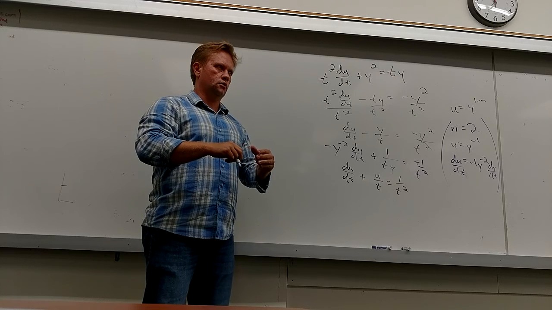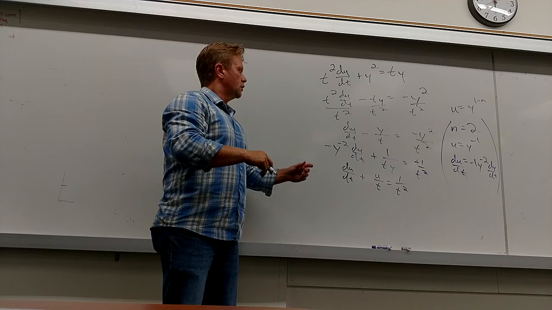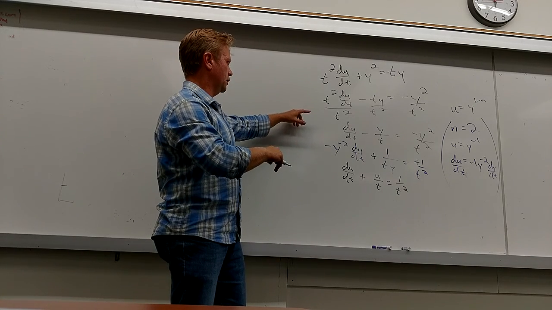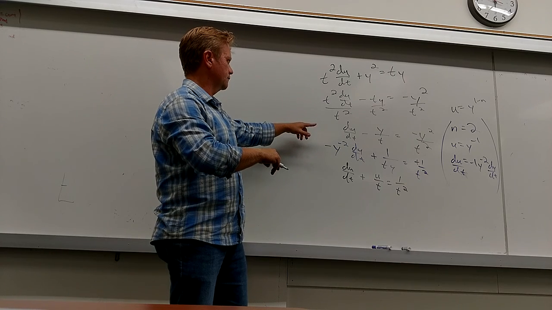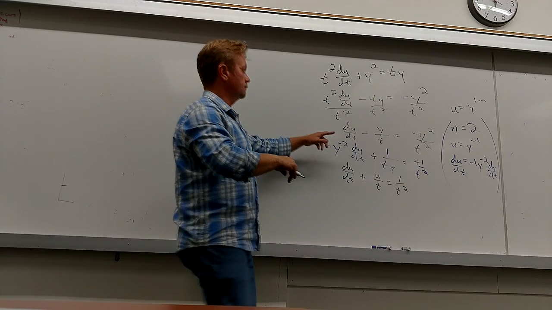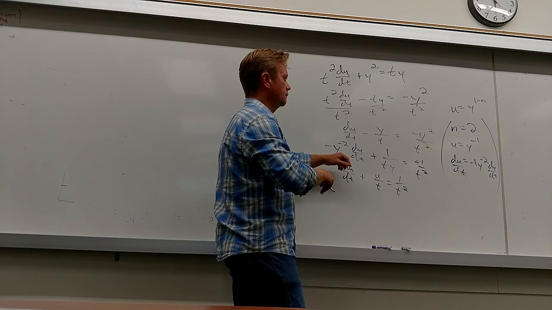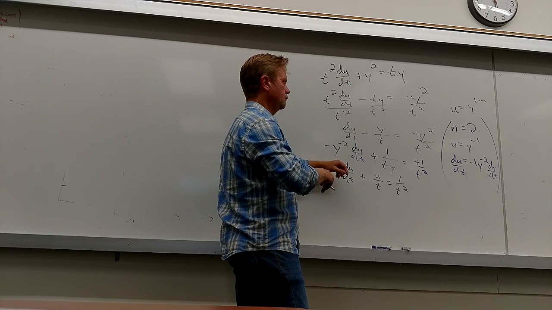Couldn't you just multiply everything by u? If you multiplied everything by u, you'd have a linear y. You'd have 1 over t, and you'd have y to the negative 1 times du.